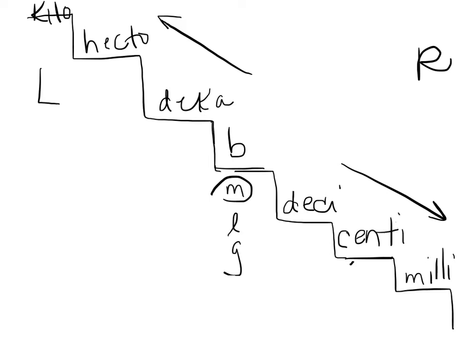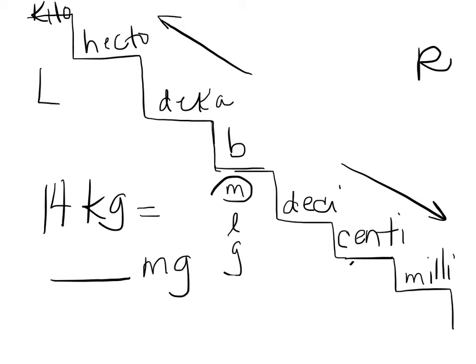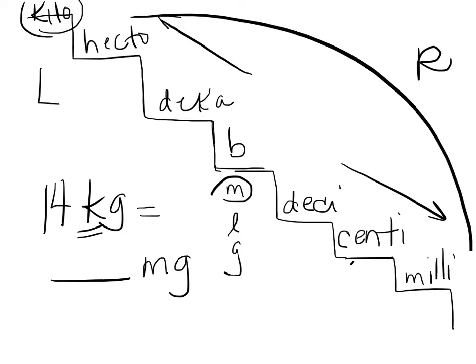Okay, so let's take another problem. So I'll say 14 kilograms equals how many milligrams? Okay, so I'm going from kilo, okay, kilogram, all the way down to milligram. So I'm going to go to the right. See, as I go down, I'm going to the right.